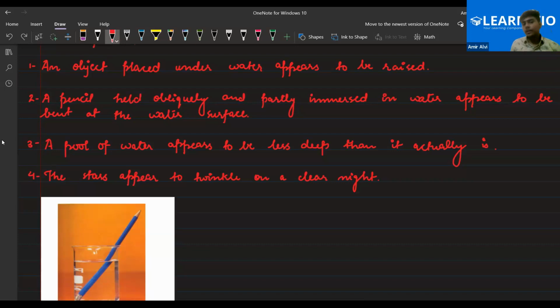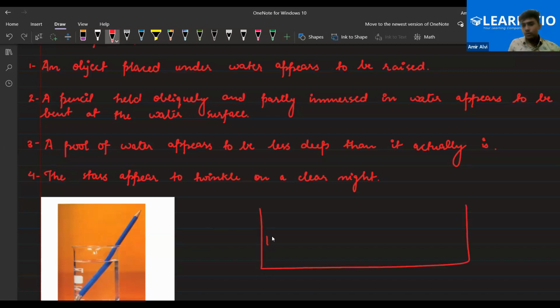I was saying that when you observe a swimming pool or a lake, it does not appear that deep. But sometimes you must have heard in the news that a person sank into the water or was found dead in the water due to the depth of the pool or the lake. The main reason is that due to refraction, the apparent depth is not the actual depth.